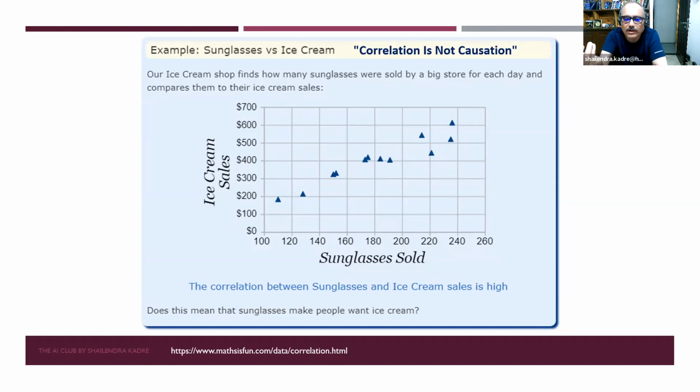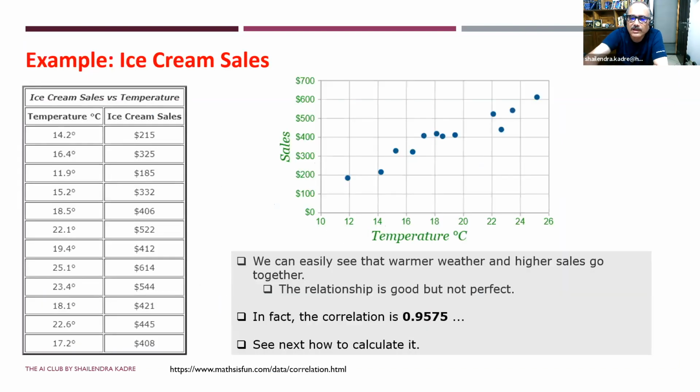So they are not correlated. I cannot relate sunglasses with ice cream. Right? Sunglasses and ice cream I cannot correlate. Sometimes X is not causing Y. In this case, X is causing Y: temperature is causing more ice cream to sell.